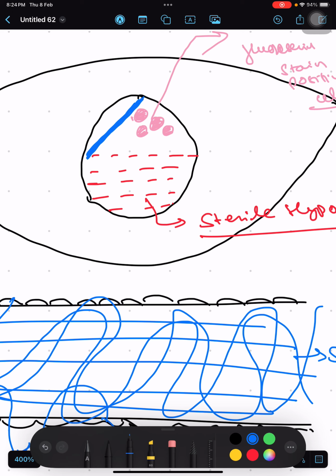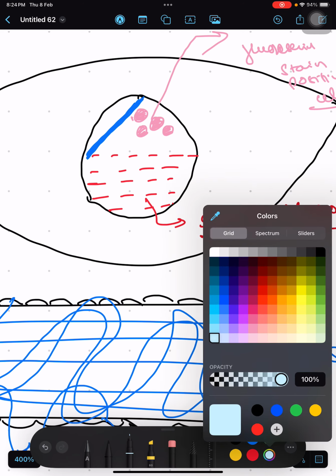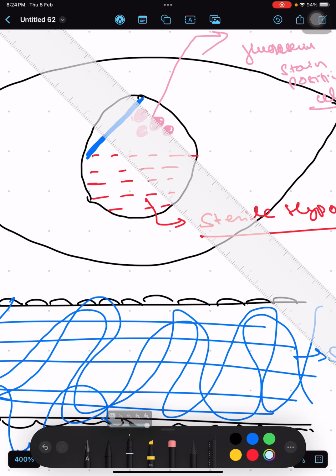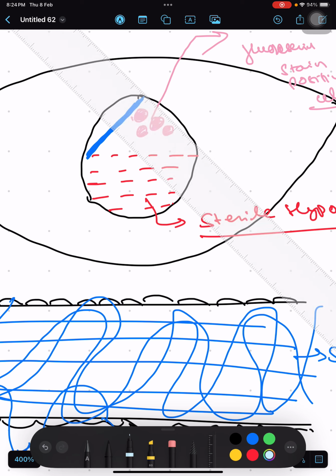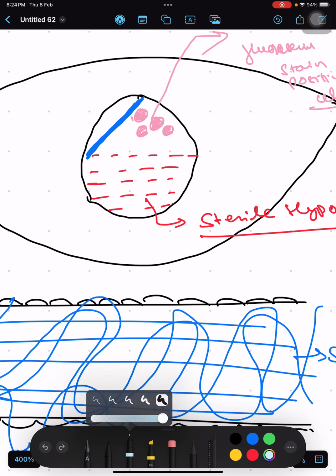And you can see something which is known as an edema. So you can just make it like this, and you can just increase the thickness.